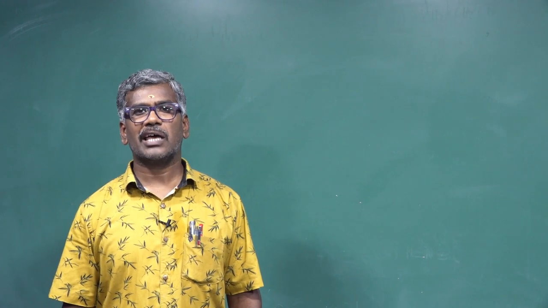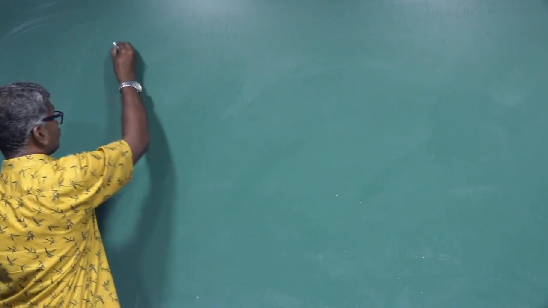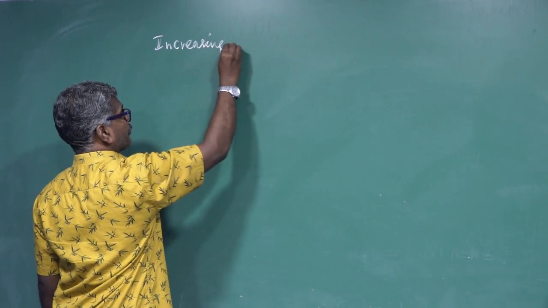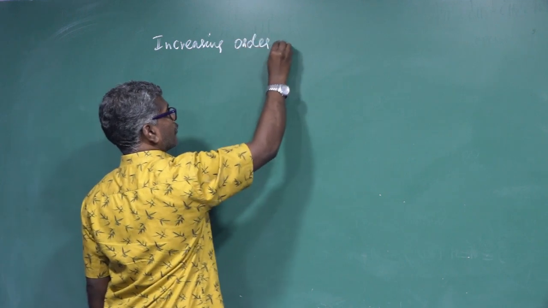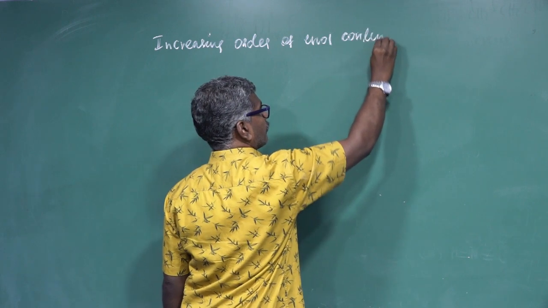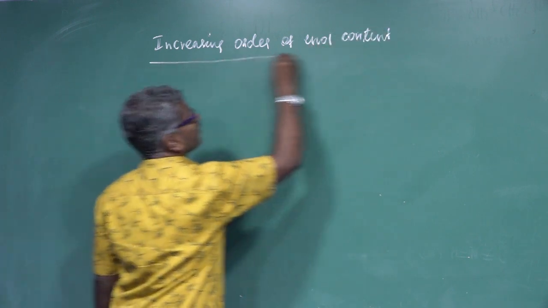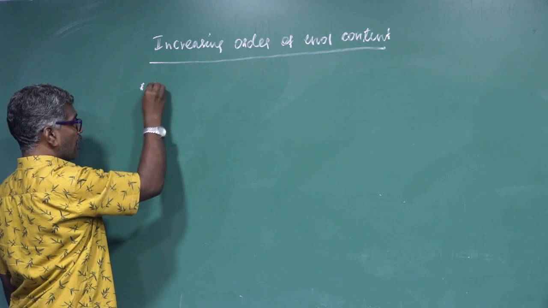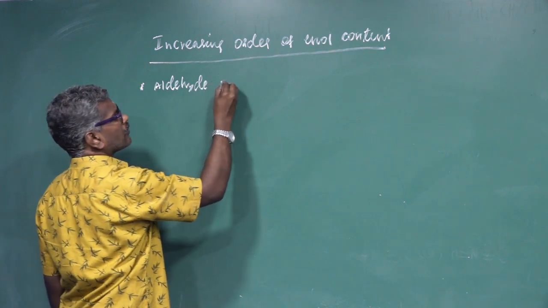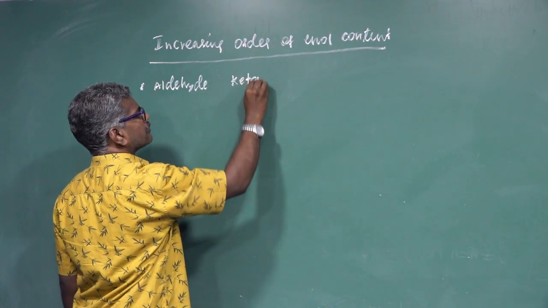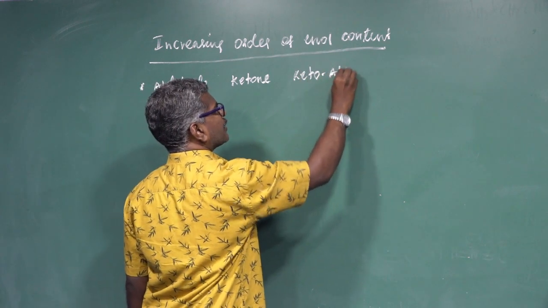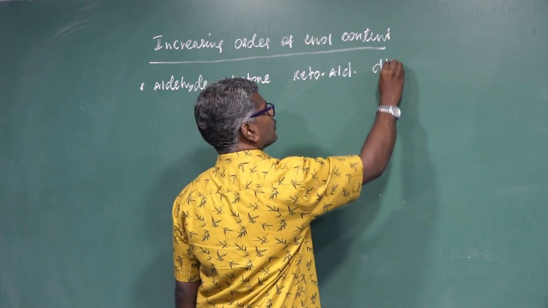What is the order for enol content? Increasing order: aldehyde, ketone, keto aldehyde, diketone.